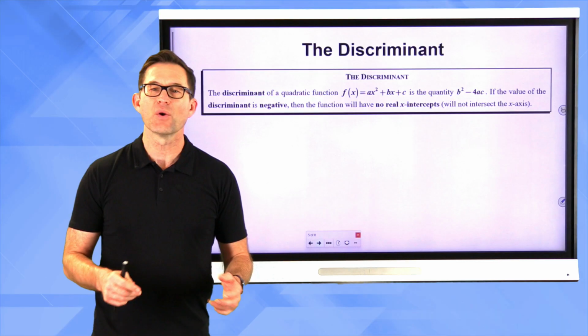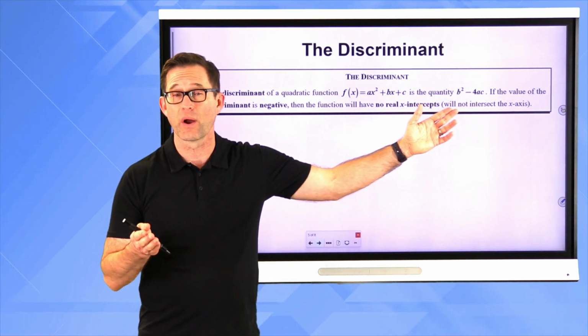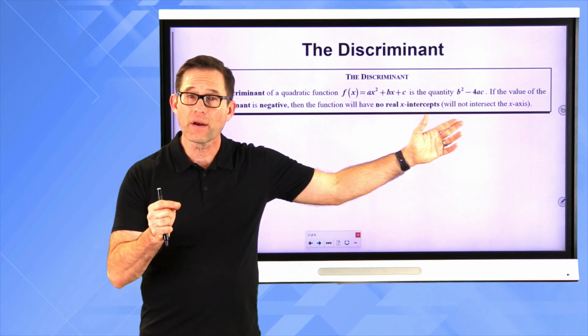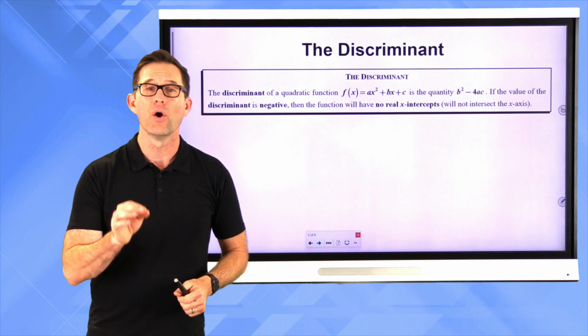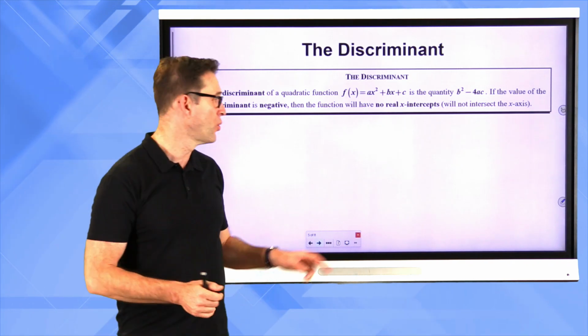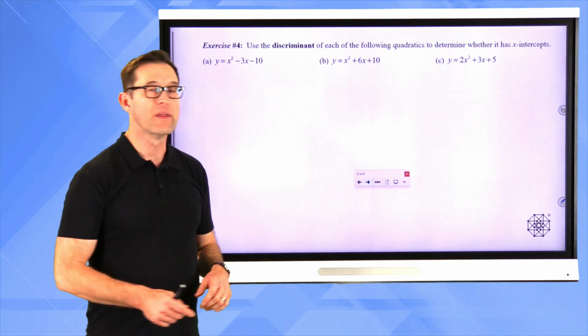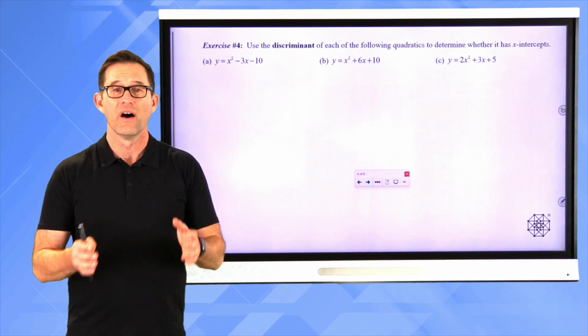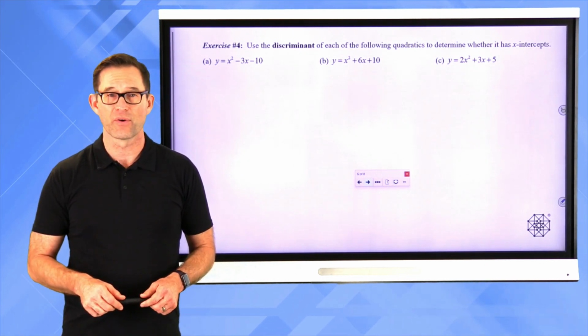Again, this quantity is the quantity that's underneath the square root. And if that quantity is negative, then that will indicate that the parabola will not touch the x-axis. It's really a neat connection between the graphical nature of a parabola and the algebraic nature of the quadratic formula.